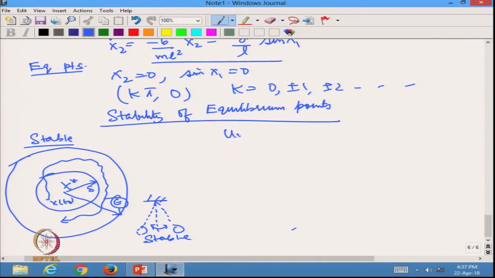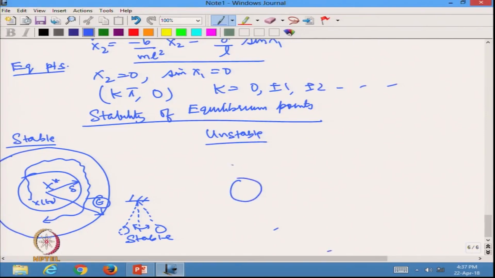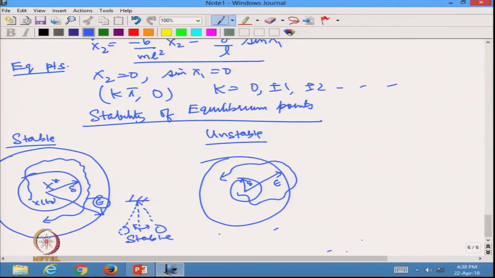So, for unstable, it is pretty clear that if you could find an epsilon ball for which there is no delta, such that if you start inside of it, then you always stay within the epsilon ball. If you could find even a single epsilon for which this delta is not possible to be found, then you say that the system is unstable.